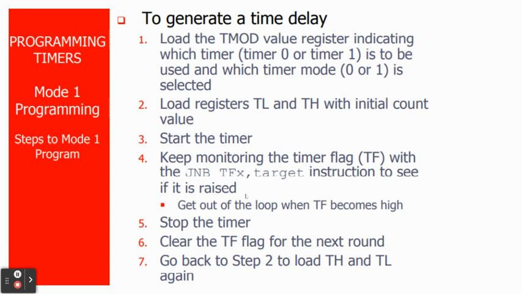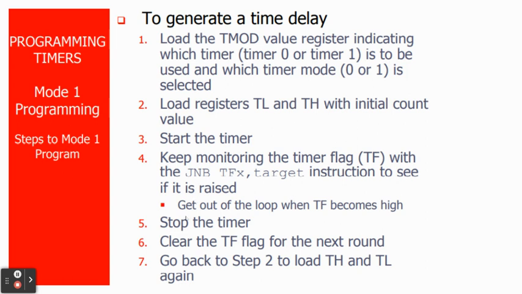And in C language, we use while to check or monitor the value of the timer flag. Again, if the timer flag is still 0, it means that the timer is not yet done. And if the timer flag becomes 1, then the timer is done counting and there will be a rollover. And it will get out of the loop when the timer flag becomes high.